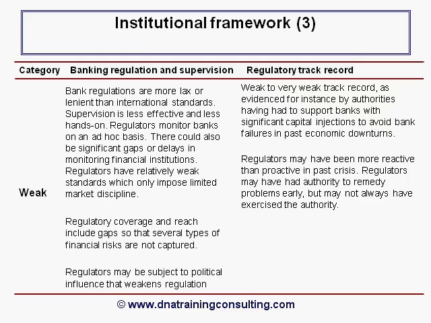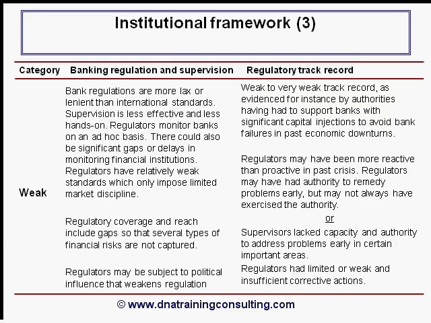Or, alternatively, if supervisors lacked capacity and authority to address problems early in certain important areas. Under the criteria, Ireland, for example, would have qualified as weak based on its track record leading up to and after the 2007-2008 financial downturn.